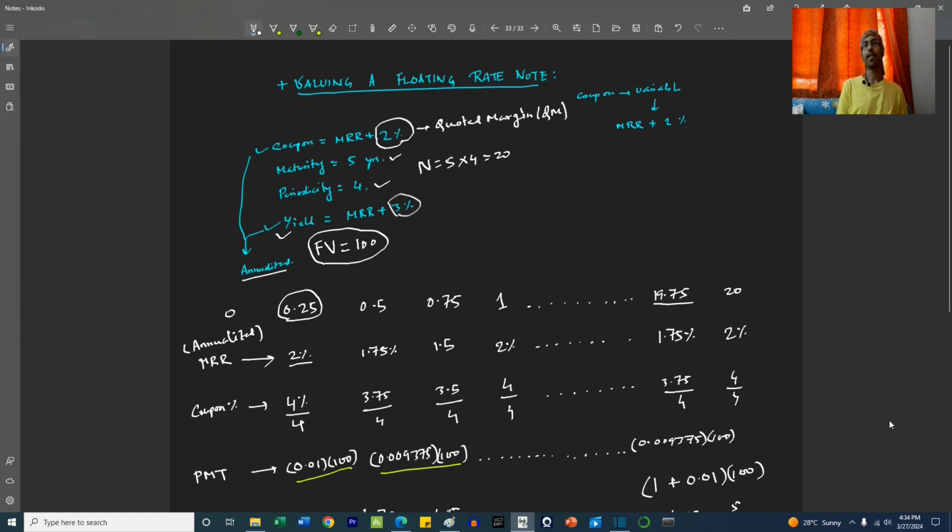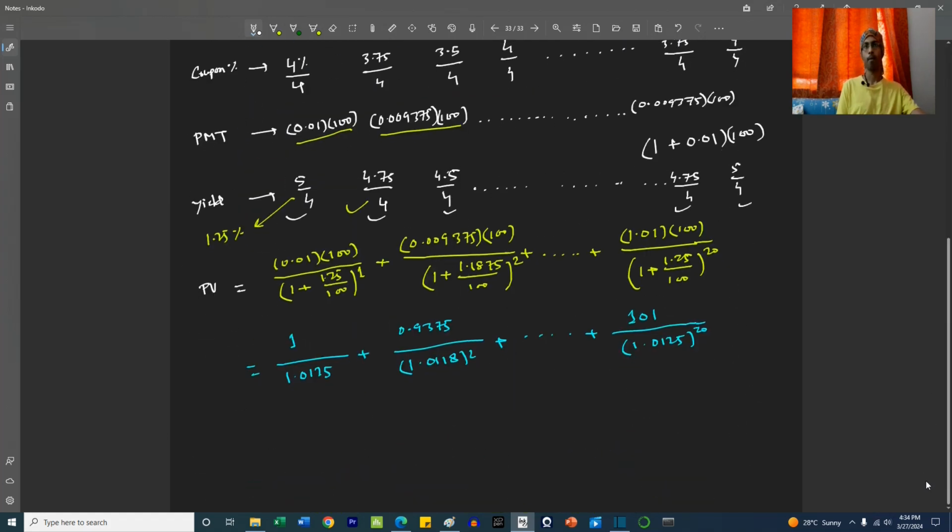And the yield percentage, MRR plus this 3%, is called the discount margin, or the DM.